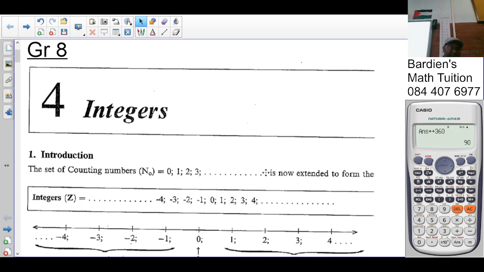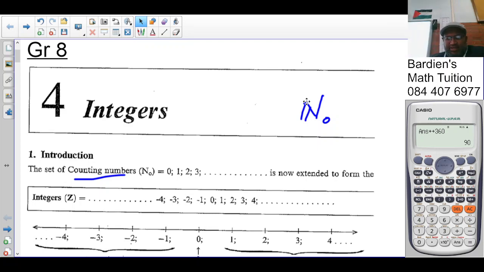So, in the introduction, we are told about the set of counting numbers, N with the subscript 0. You see the N0? That is the mathematical notation for counting numbers. Okay, you guys understand?